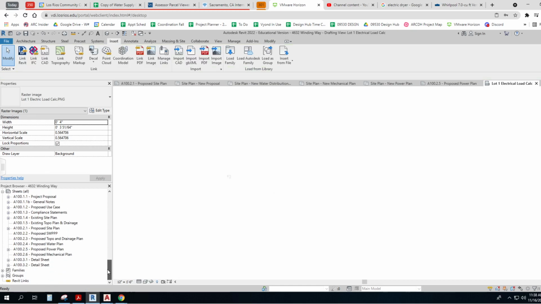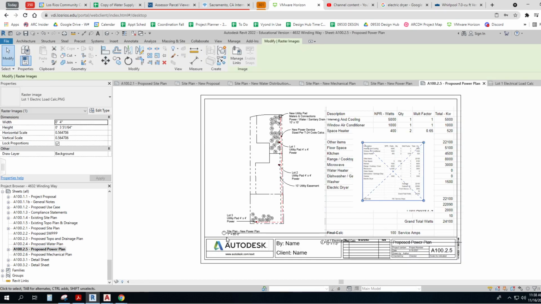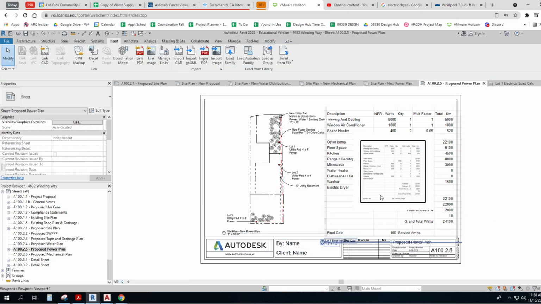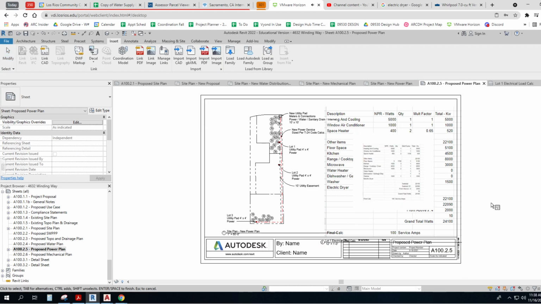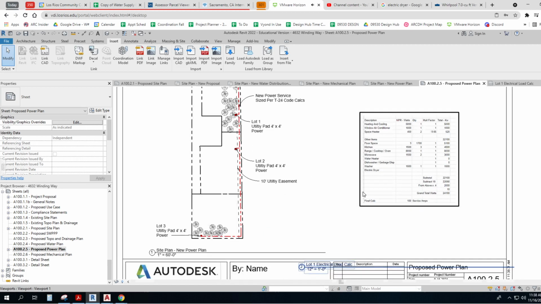Let's see what it looks like now. So you can get that one. I don't know why that's there, we go.